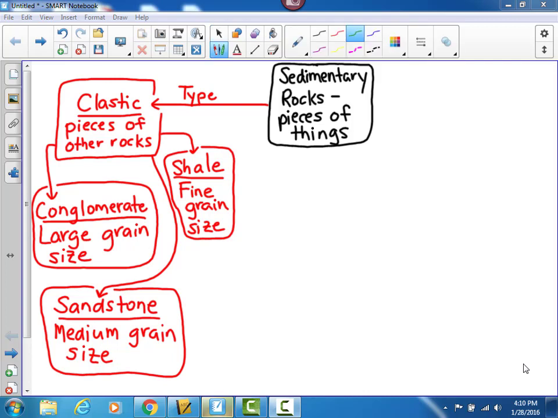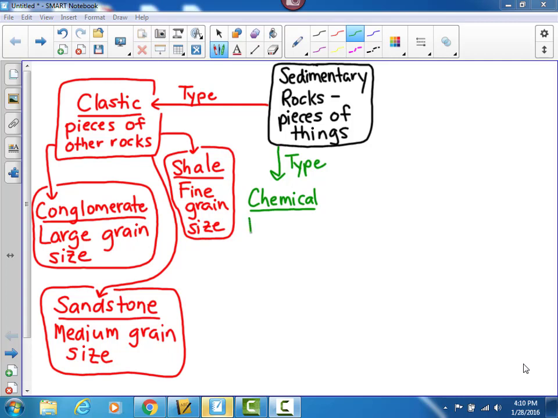The next type of sedimentary rock that we will talk about, and again we'll label that this is a type, is called chemical. Chemical sedimentary rocks are made by a chemical process.